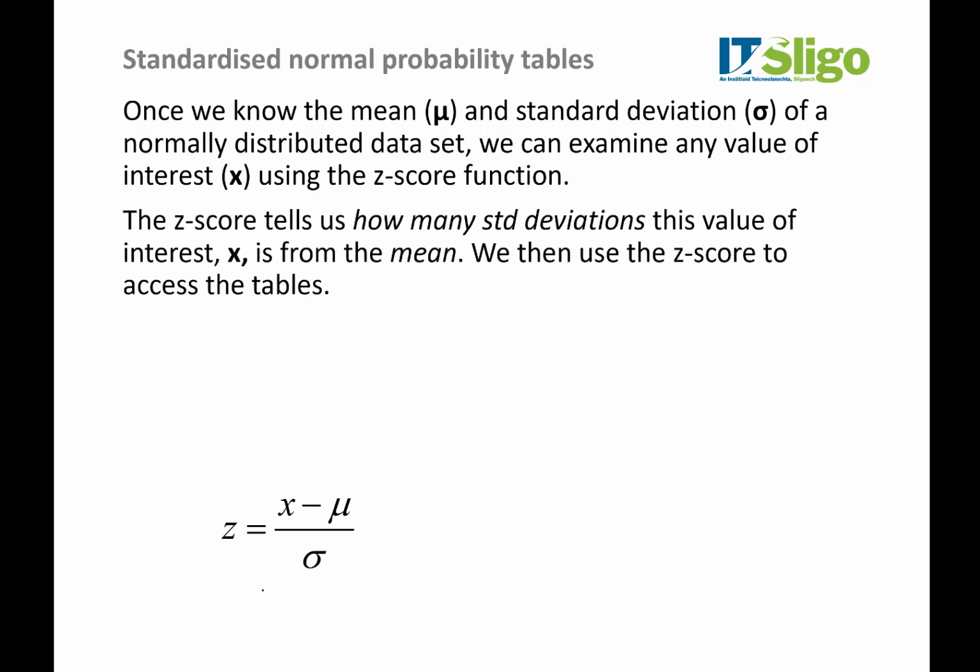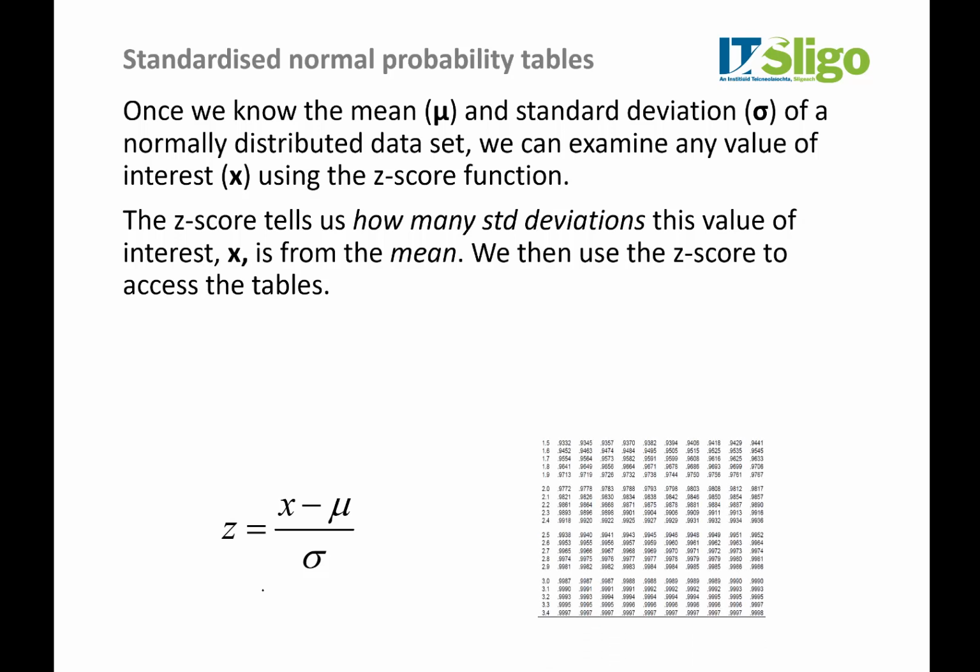The z-score tells us how many standard deviations our value of interest x is from the mean. We can then use the z-score to access the tables to determine the probability of x. And this step saves us from all those nasty calculations.